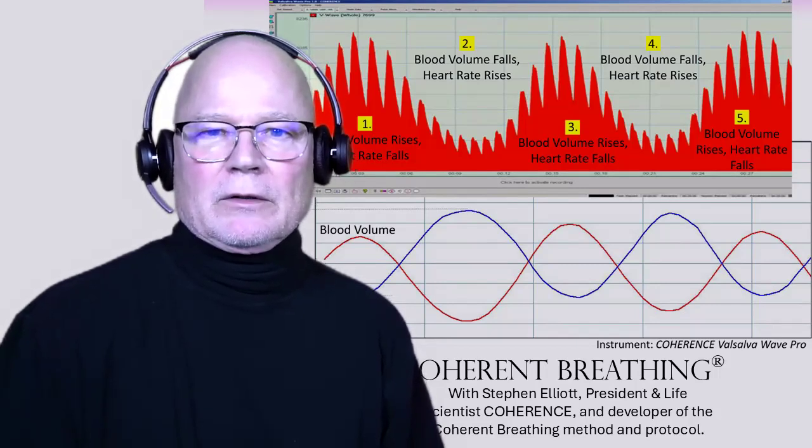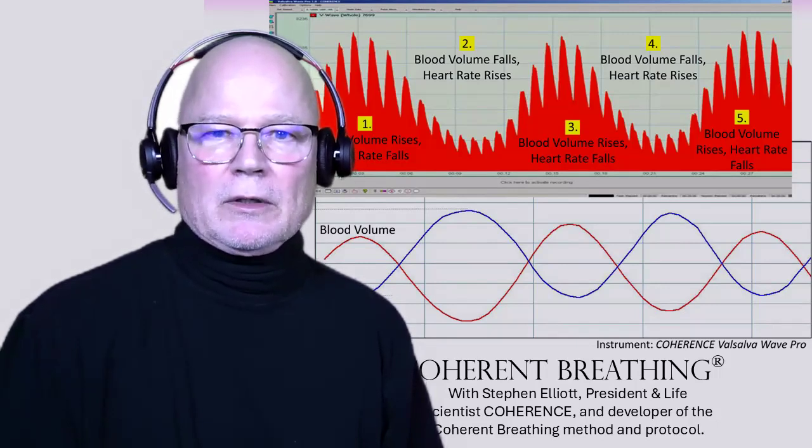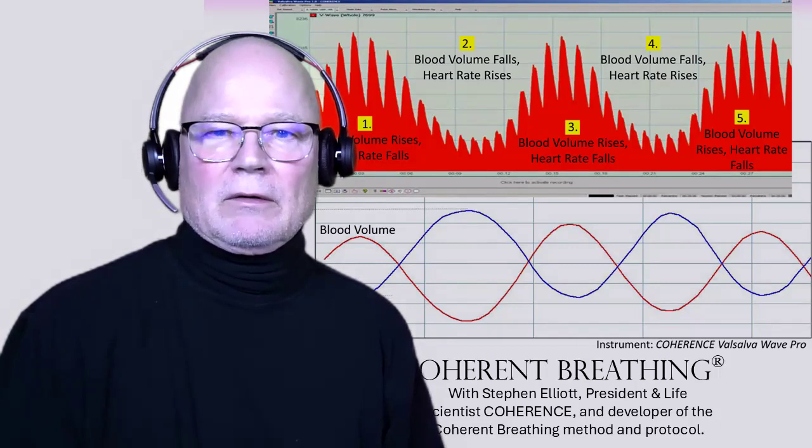And we can see here that they are nominally 180 degrees apart. This alignment is the formal definition of resonant breathing.